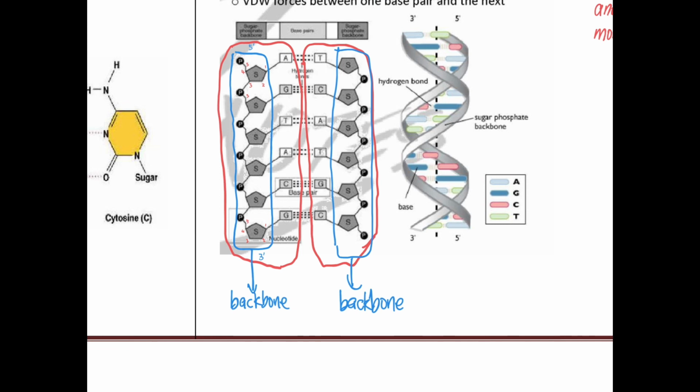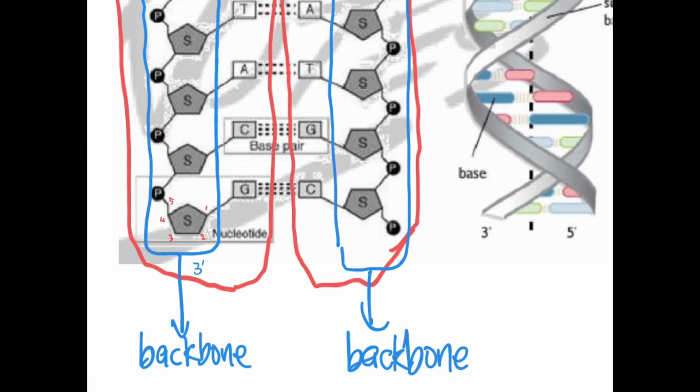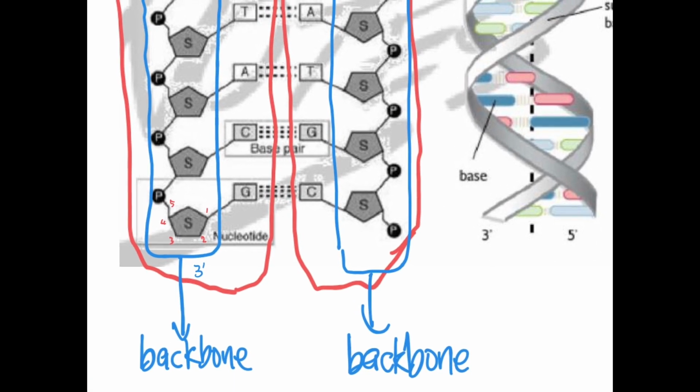Okay, so from here you can see this strand, or this polymer, is 5 prime to 3 prime. And how about this one? When you look at this, you have to put it the opposite way. Because they are upside down, you first need to know this is the oxygen. So carbon 1 is here.